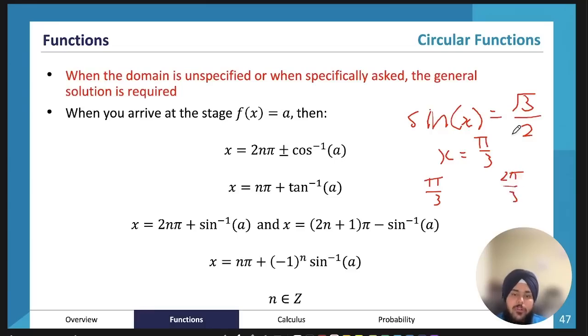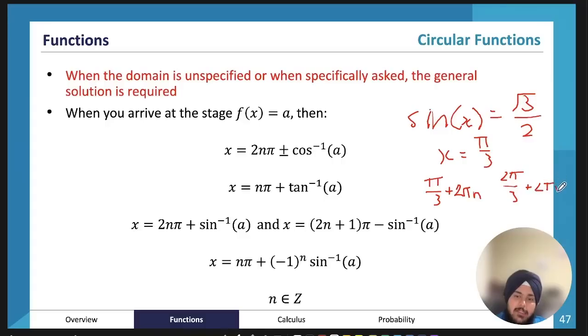So we know that once we find the first two values, the circular function is actually just going to repeat itself, because once we go a full rotation around the unit circle, we get to the same value. So essentially what we can just do is add 2 pi n to this, and then add 2 pi n to this.